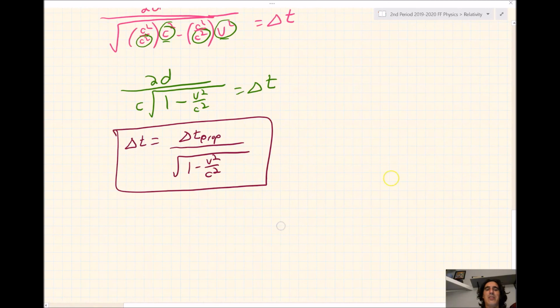And this delta t on the left side is our dilated time, which is the time that slows down, so it's a slower clock.